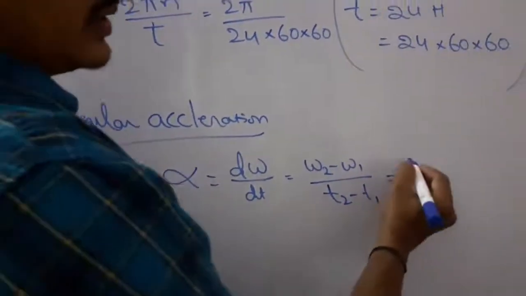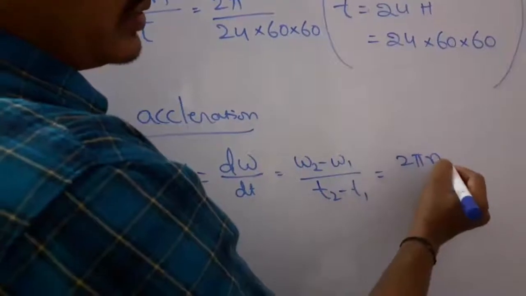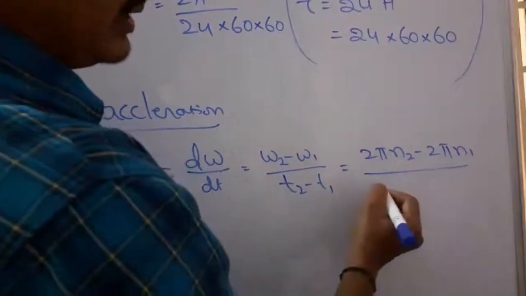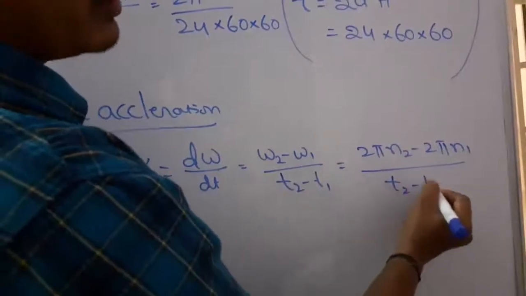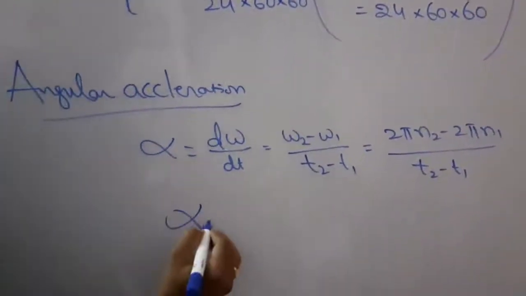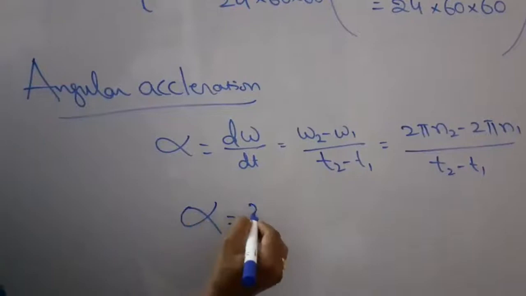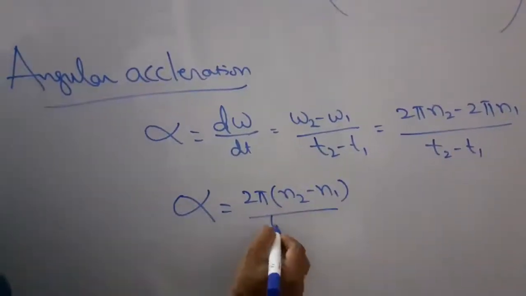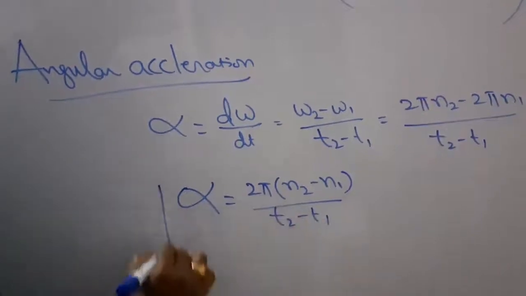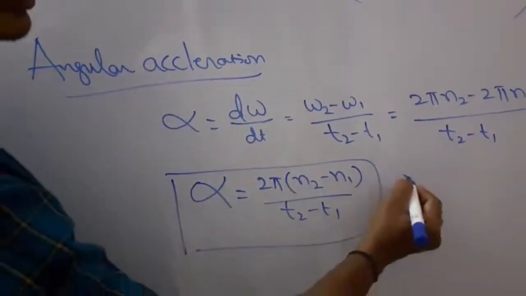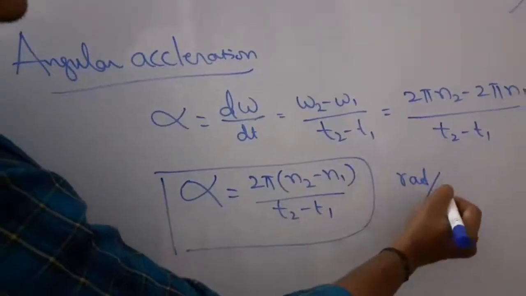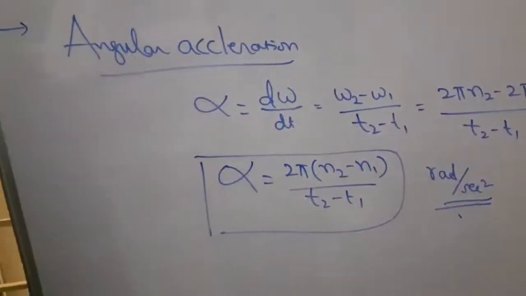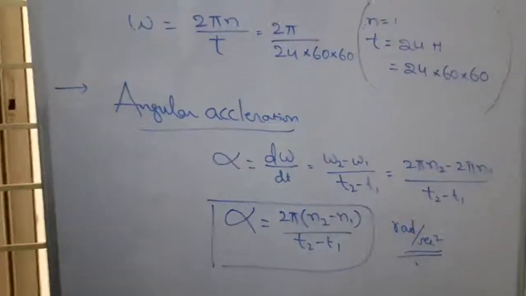Therefore, 2 pi n2 minus 2 pi n1 divided by t2 minus t1. Alpha equals 2 pi into n2 minus n1 divided by t2 minus t1. The unit is radian per second square. This is the unit for angular acceleration.